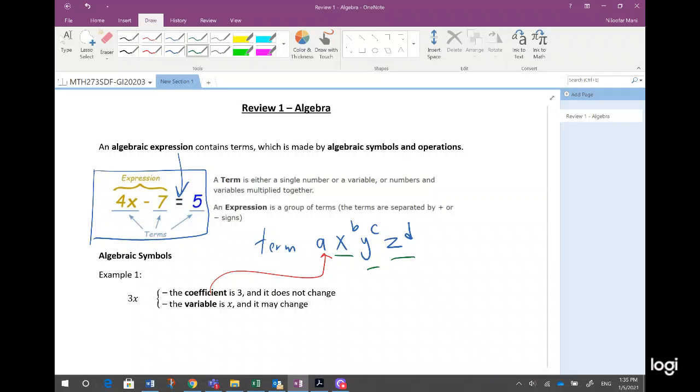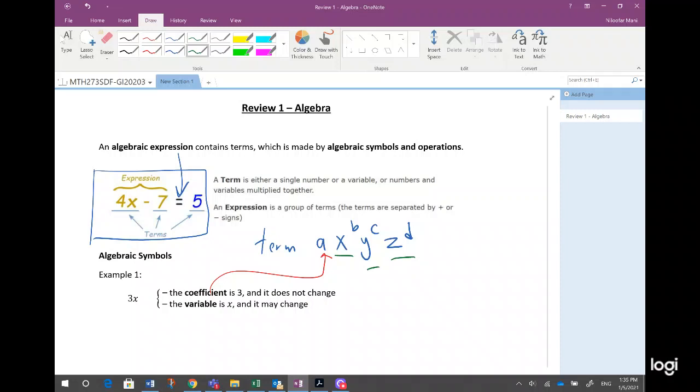Maybe I substitute x equal 1, maybe x equal 2, maybe x equal 10, y equal 10, and so it changes. So that's why variable. a is a constant number, but because it's beside a variable, we call it coefficient.